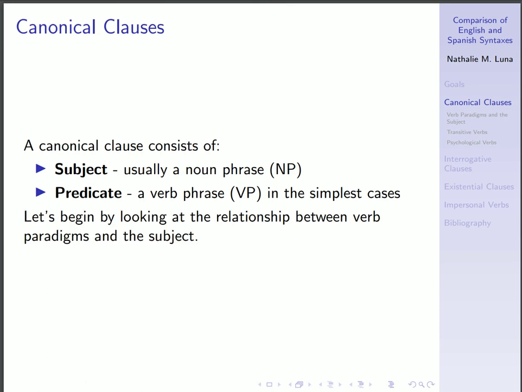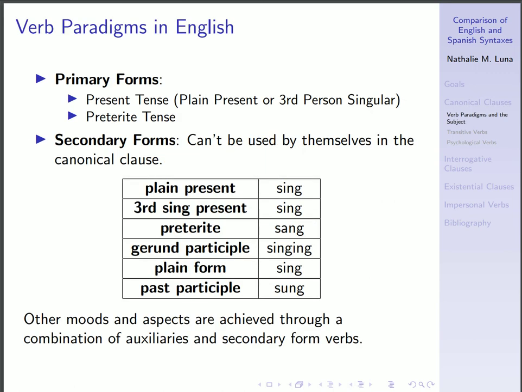We're going to start with the relationship between verb paradigms and the subject. So in English, we have the primary forms and the secondary forms. And the primary forms, they can be used to represent either the present or the preterite tense.